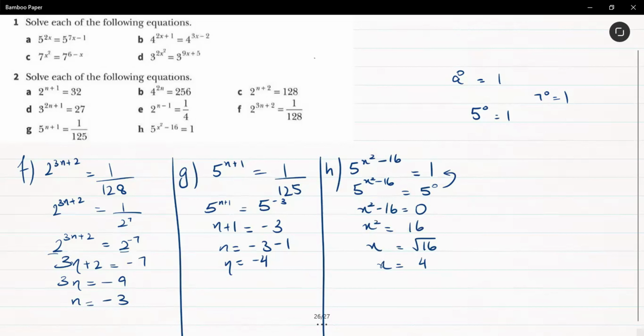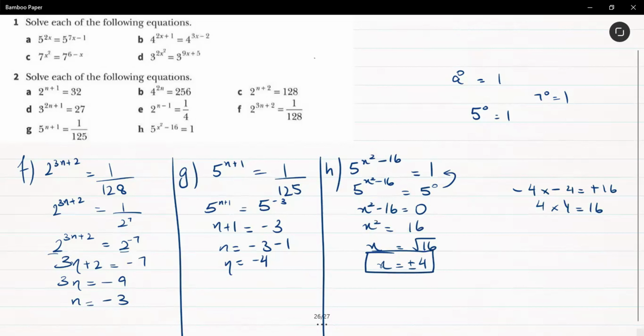That's because whenever you take a square root, there are two possible values. Either it's a positive 4 or a negative 4, because negative 4 multiplied by negative 4 gives you positive 16, and positive 4 multiplied by positive 4 is equal to 16. We don't know essentially what makes up that 16. So we take both values into consideration, except if they have given you a range in the question.